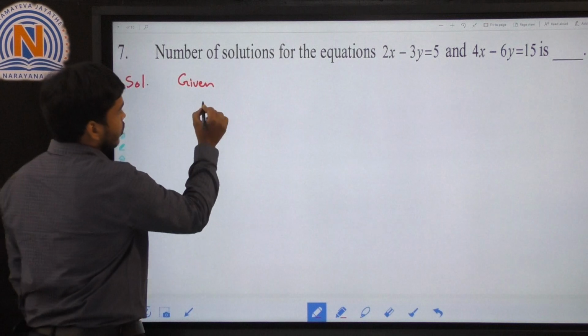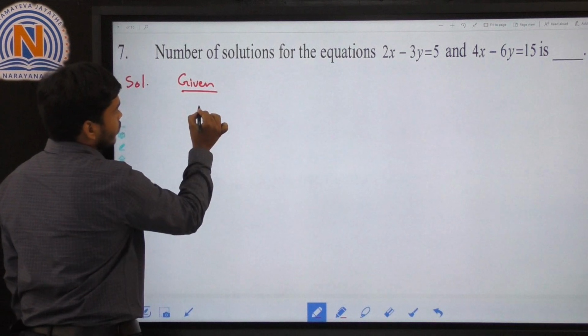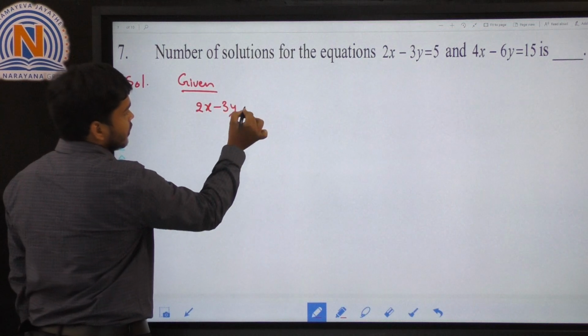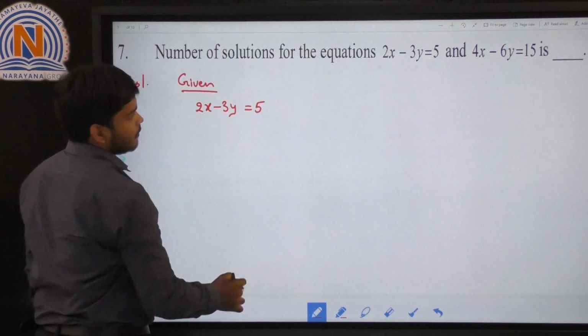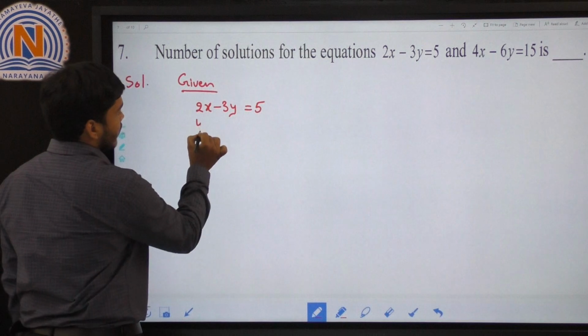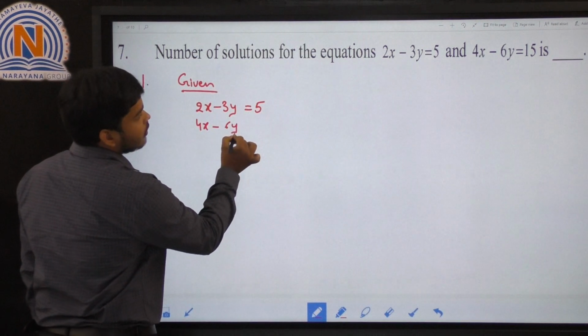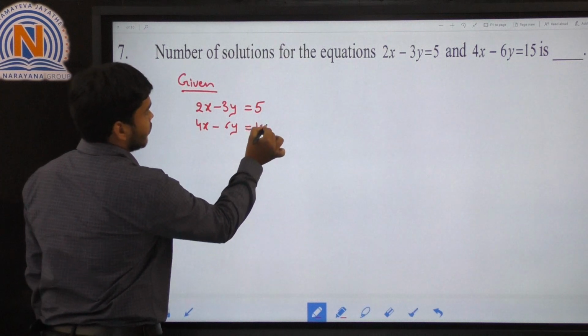What is given? 2x minus 3y is equals to 5 and 4x minus 6y is equals to 15.